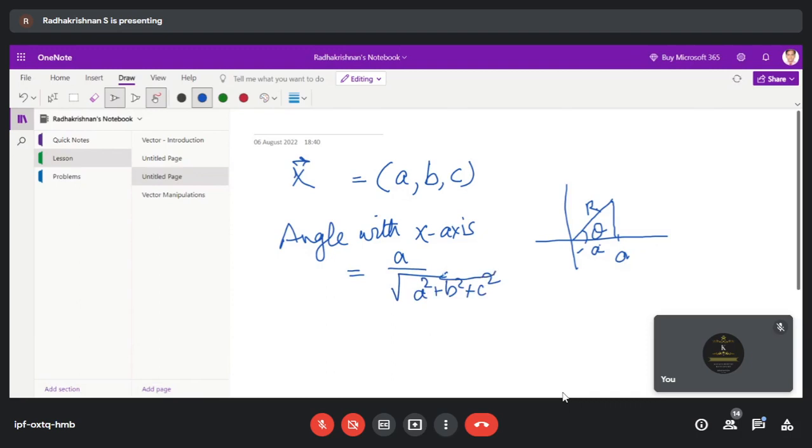Similarly, the angle made with the y-axis will be b by the square root of a square plus b square plus c square. And the angle made with the z-axis will be c by the root of a square plus b square plus c square. So with these three, we can uniquely define the direction. If you define the direction with the x-axis, y-axis, and z-axis, then it defines the complete direction set.